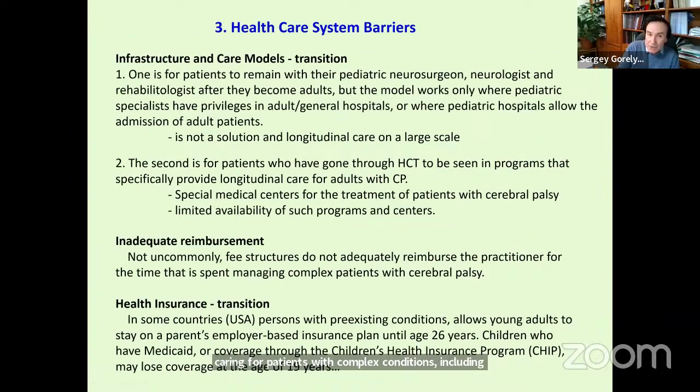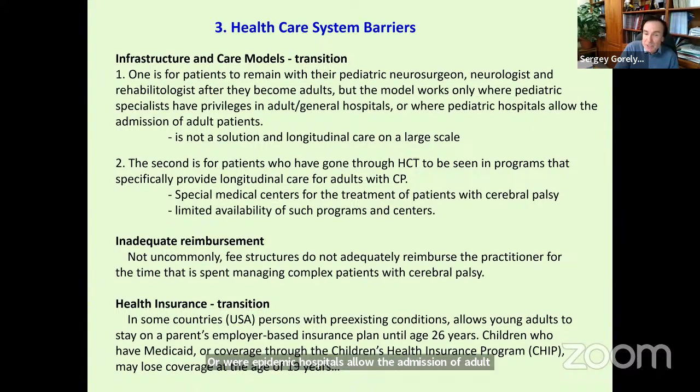Healthcare system barriers. There may be several models for the treatment of such patients. One is for patients to remain with their pediatric neurosurgeon, neurologist, and rehabilitologist after they become adults. But the model works only where pediatric specialists have privileges in adult or general hospitals, or where pediatric hospitals allow the admission of adult patients.